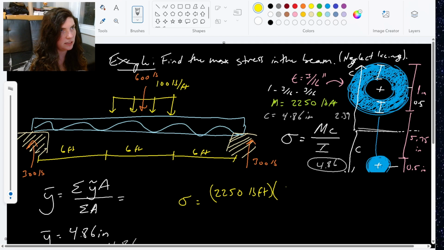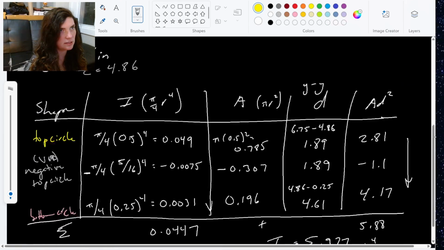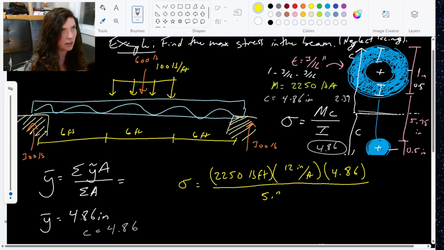I can get that into inches. 12 inches per foot. That per foot will cancel out with the foot. And then I'm going to multiply by my C. That's in inches, and my moment of inertia is in inches, 5.927 inches to the fourth.